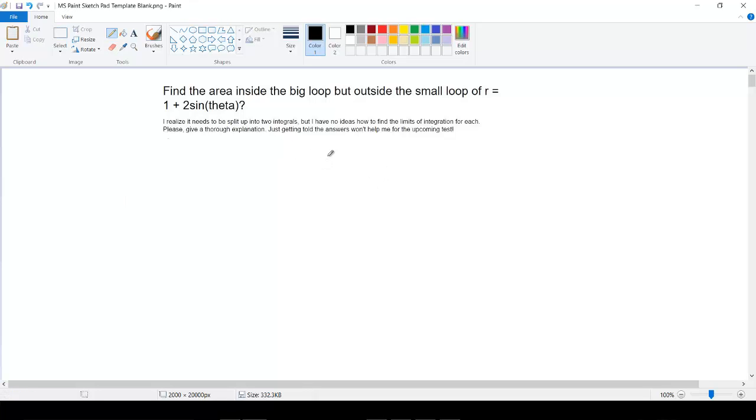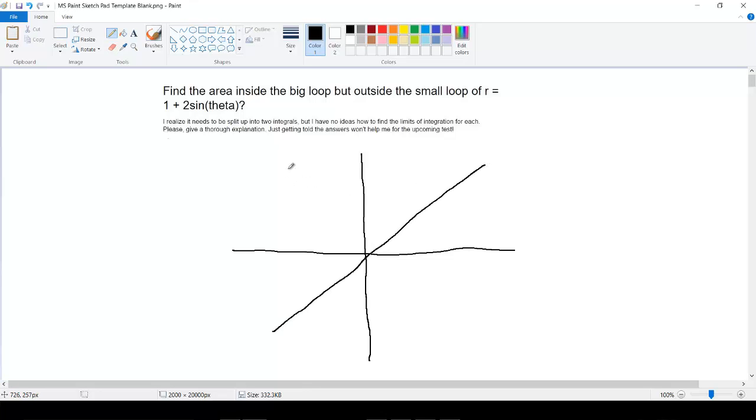Even if you have a graphing calculator and you're allowed to use it, it's probably beneficial to make a sketch, because in doing so we get a better understanding of exactly how this curve is moving. Well, I'll explain as I'm doing it.